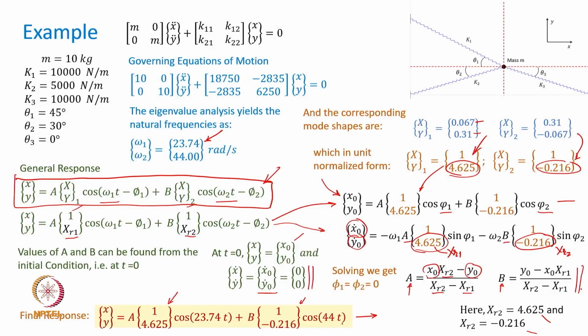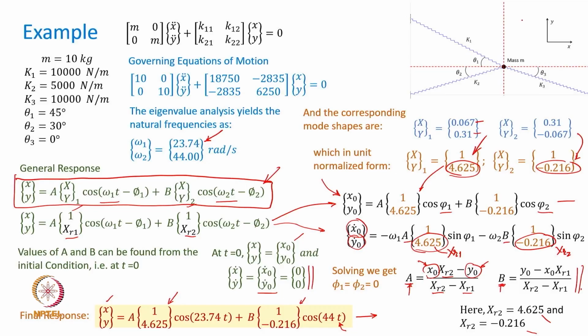So now in this case, at any instant of time t, I can get the value of x and y. As the time progresses, I will get the value of x and y, provided I also know what a and b are. That I will know by the initial position, that is x naught and y naught.